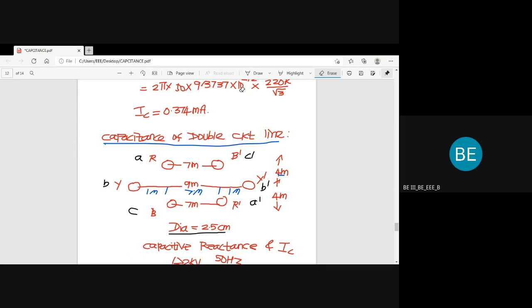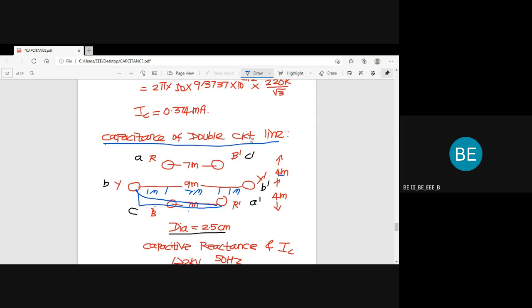So this distance we have to find out. So square root of 1 plus 7, 8, and it will be 4.